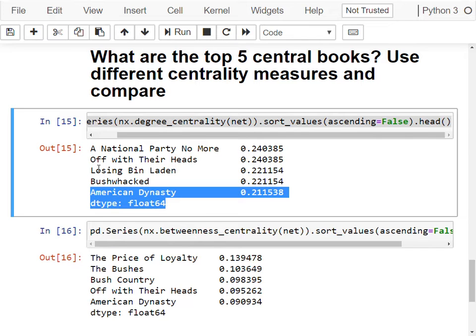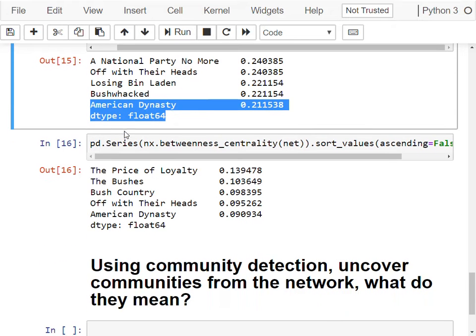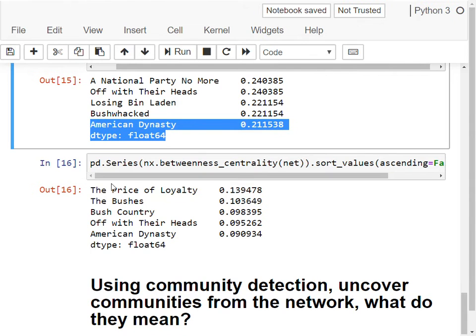They basically tell us that although a national party no more was purchased with many other books, it's not a very important book when it comes to the whole data set itself. It's probably, and that's a hypothesis, maybe it was cheaper, for instance, that's why it was purchased with many other books. But when it comes to betweenness in the network itself, those books were more important.